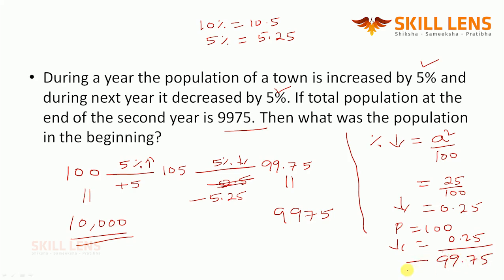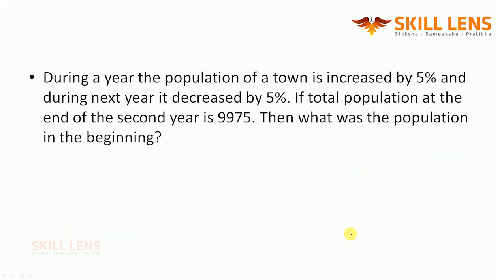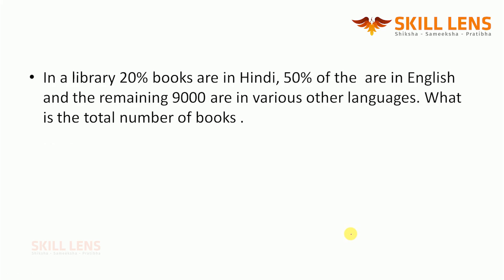I know 99.75 is 9,975, so 100 is 10,000. This is how you can use the concept of successive percentages and reach your solution very easily. Hope you understood this particular question. Let's go to the next question.